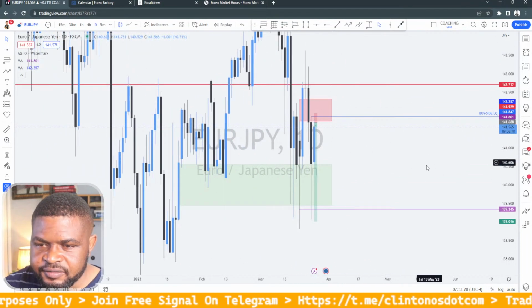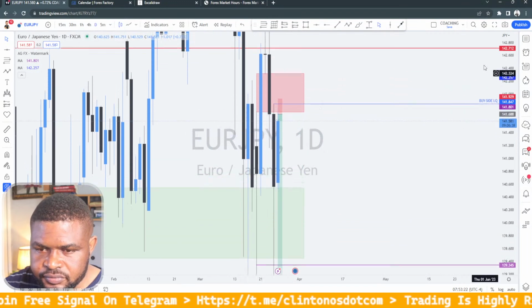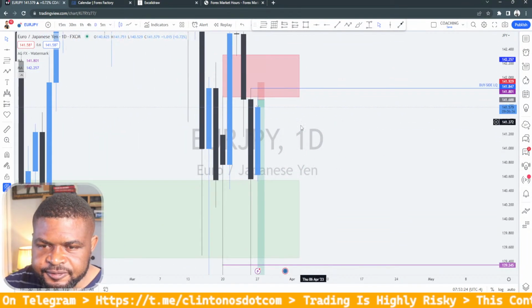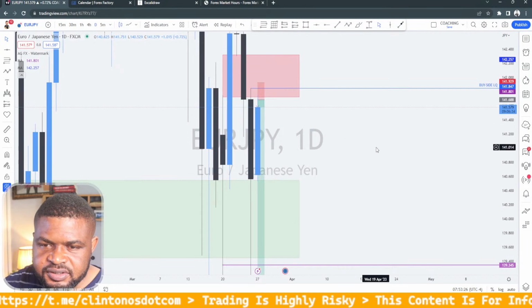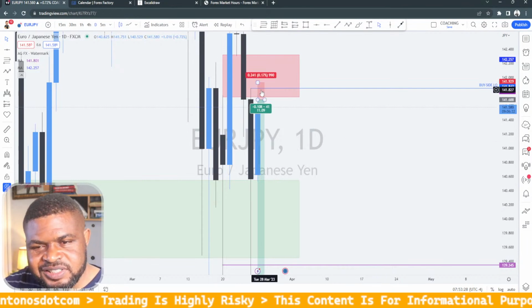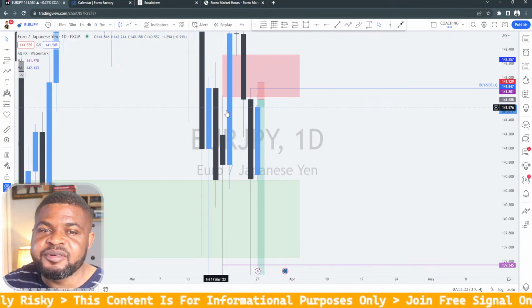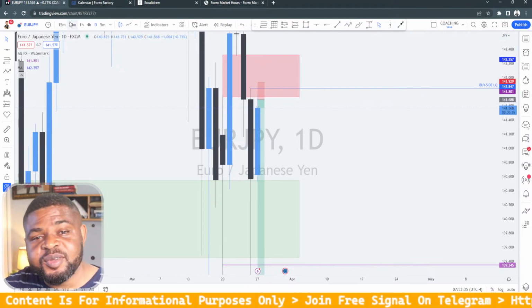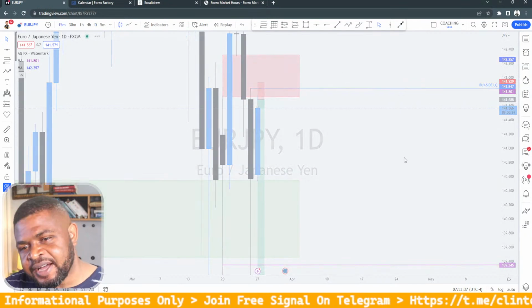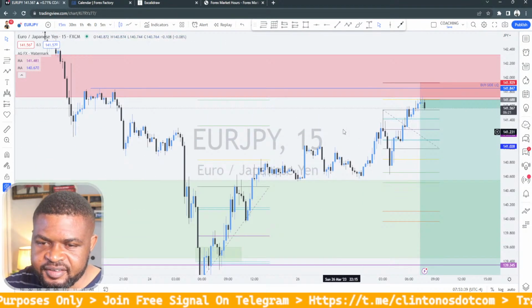The supply level that has been tested before. This is a retest. Price didn't even go deep. It's expected, whatever it is, my stop is still above it. So if price just decides to weak me out, it's fine.